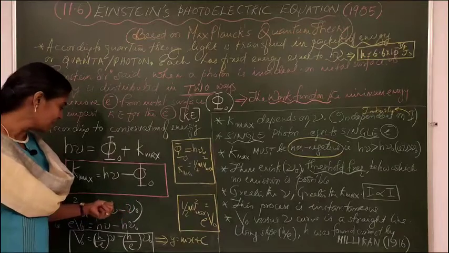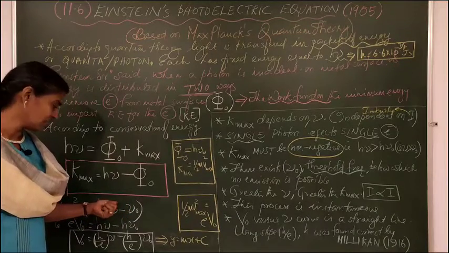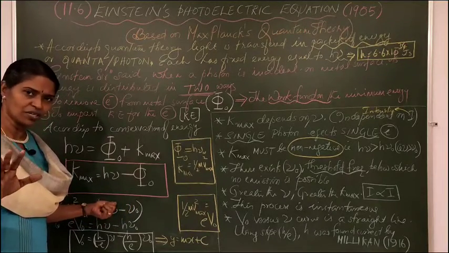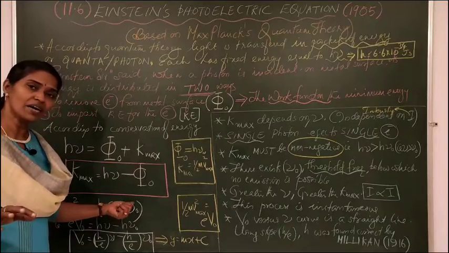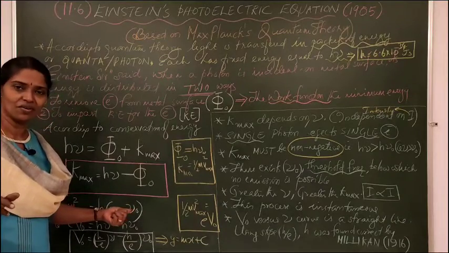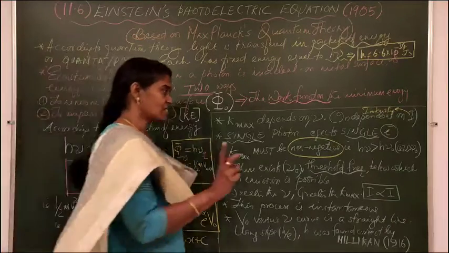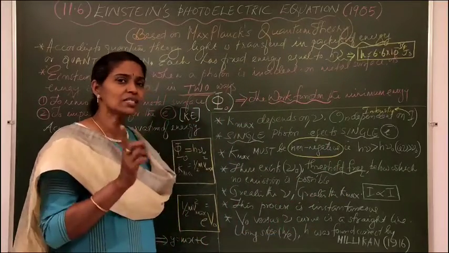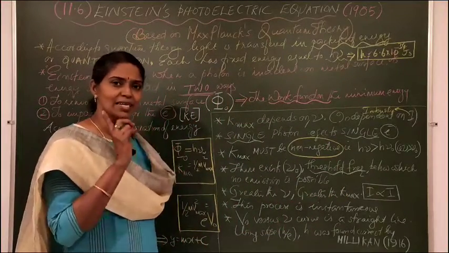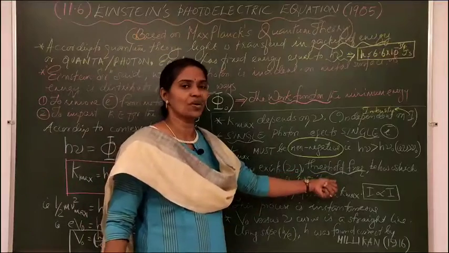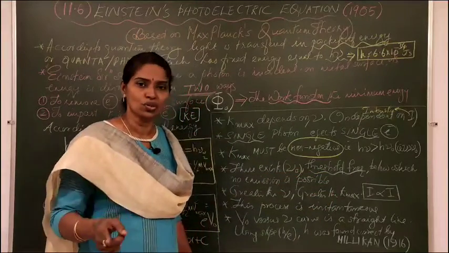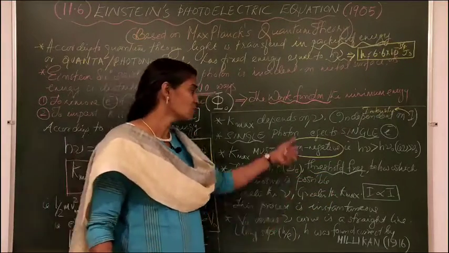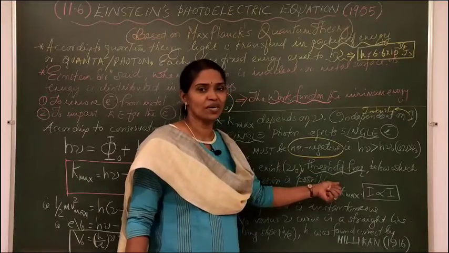So you can't have an incident photon with 3 energy, whatever be the units, and a work function of 5. Why? That defines the term threshold frequency. So there is a limit set. The set limit is known as threshold frequency. You can't have a photon whose frequency is lower than threshold frequency.